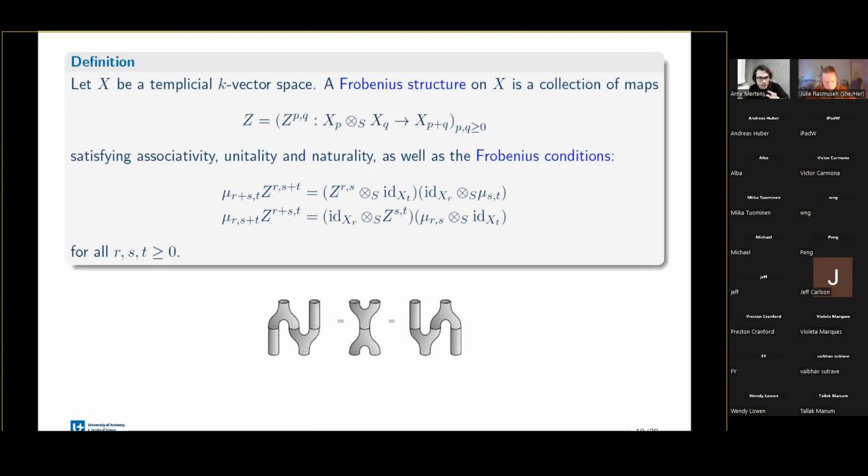And then also there's some compatibility with the co-multiplications, and these we call the Frobenius conditions. They look like this. The details aren't so important, but the only thing I want to note is that they're very similar to the conditions on a Frobenius algebra, where you also have a multiplication and a co-multiplication, and they have to satisfy some conditions. So it's very similar to a Frobenius algebra, which is why we call it a Frobenius structure.